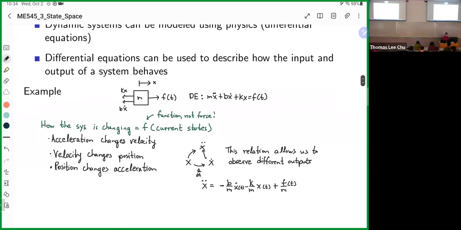Differential equations can be used to describe how the input and output of a system behaves. In our mass spring damper thought experiment, we can see that our acceleration is dependent on our velocity and our position and our input force. And our states, in this case velocity and position, are going to be related to our acceleration.